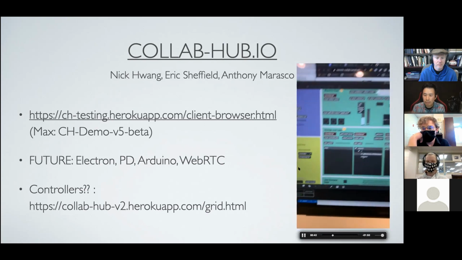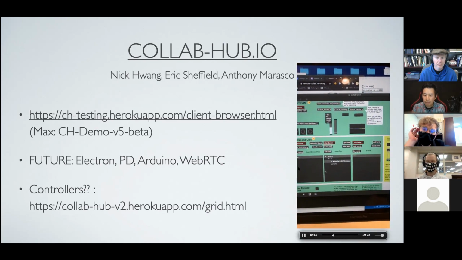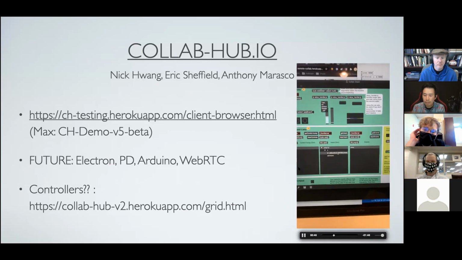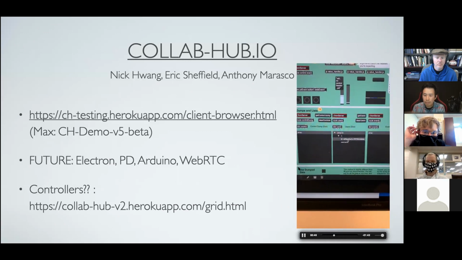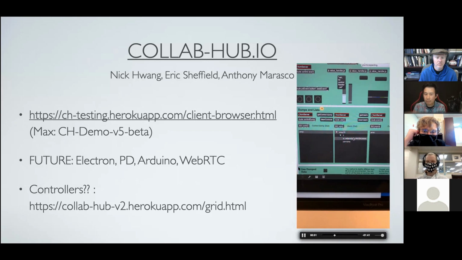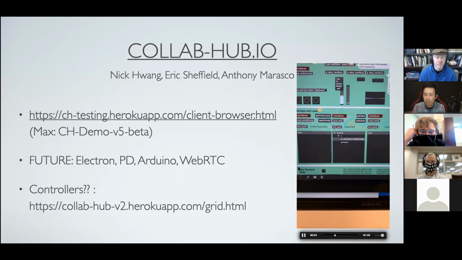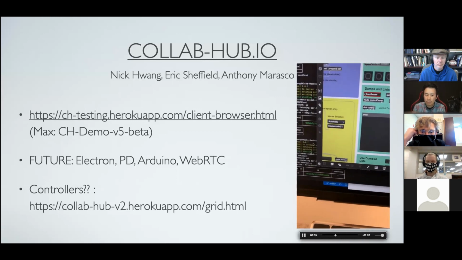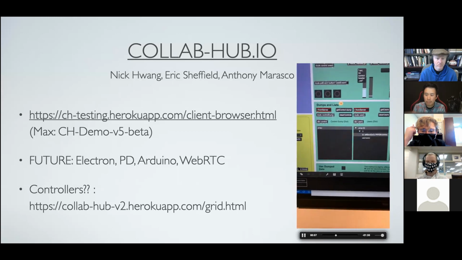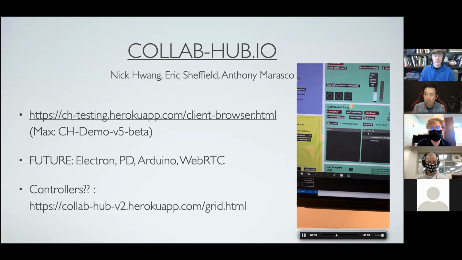And this Max patch was the original Colab hub instance, and it has both the socket ID that shows up here, that is the same one here. And so from there, I will, let's see, what can I do?